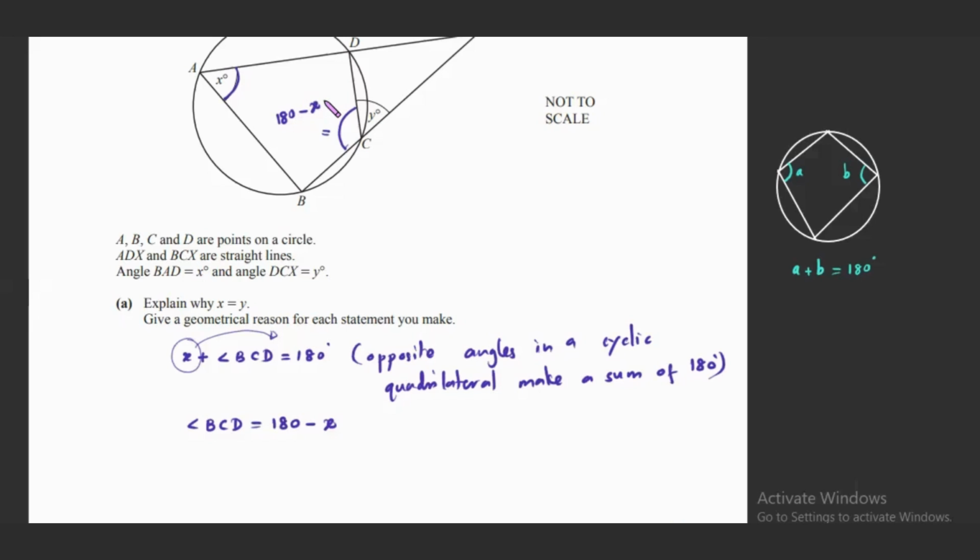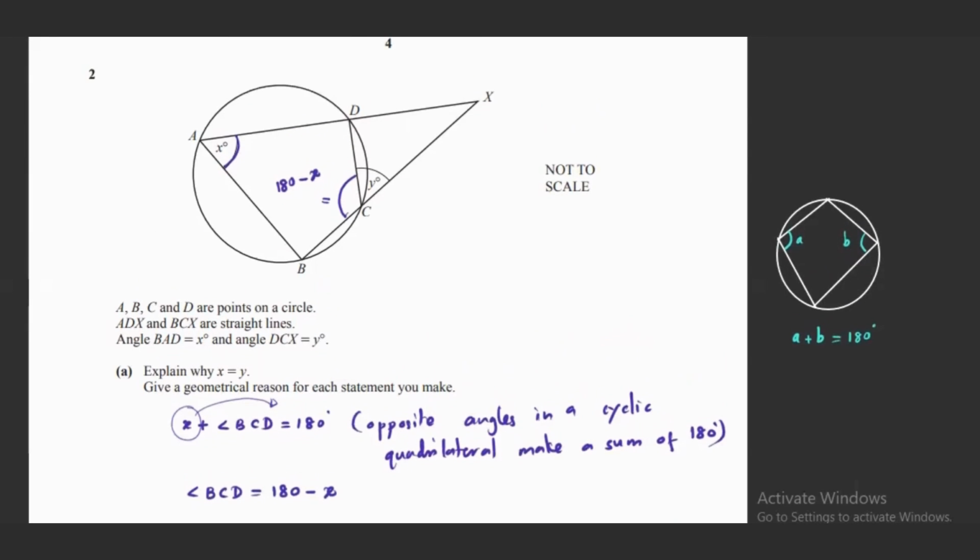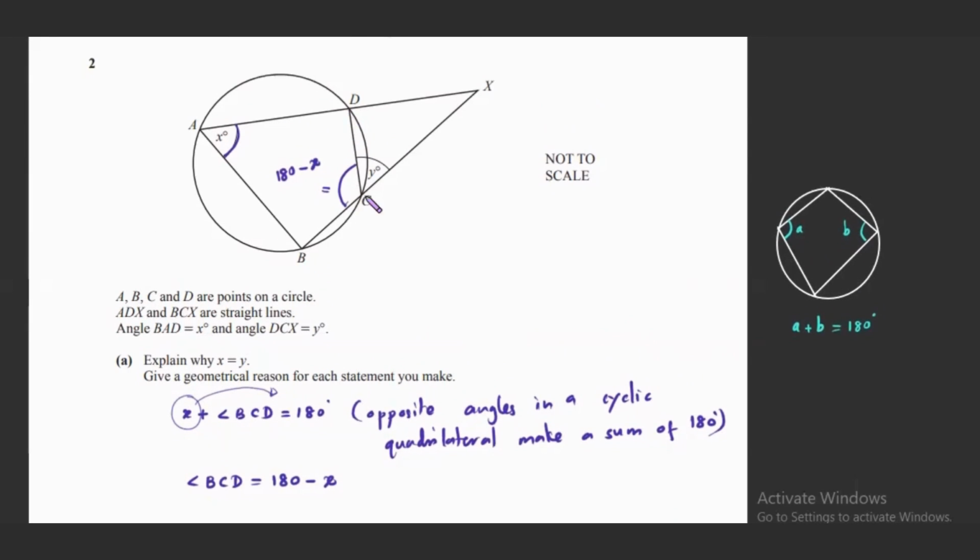Then the next thing that I can do is, now I know that this angle BCD is equal to 180 minus X, and this angle DCX is equal to Y. They both are on a straight line, so definitely again they will make a sum of 180 degrees, because angles on a straight line make a sum of 180 degrees.